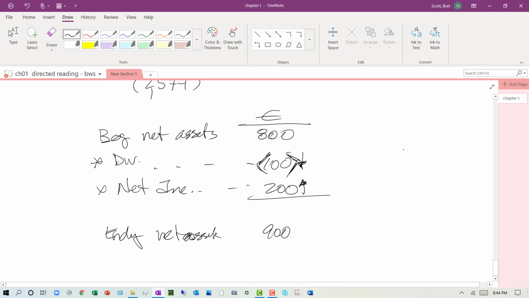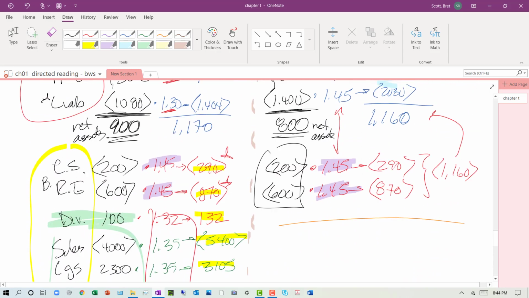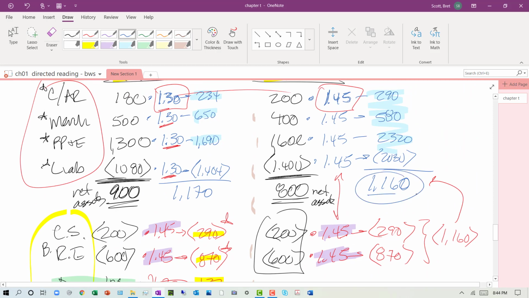Exposure then is when we look at the exchange rate, the direct rate, 1.45, meant that US dollars were 1160. That's what we started with up above. Let's double check that really quick. Yeah, 1160, there it is.